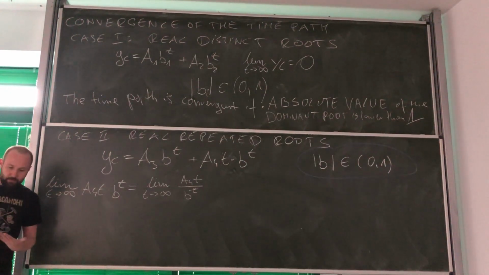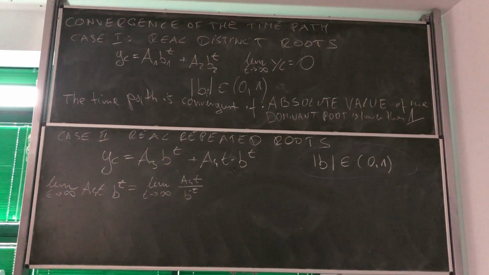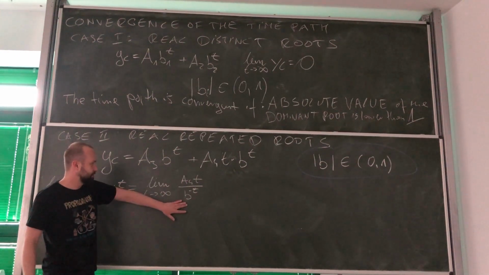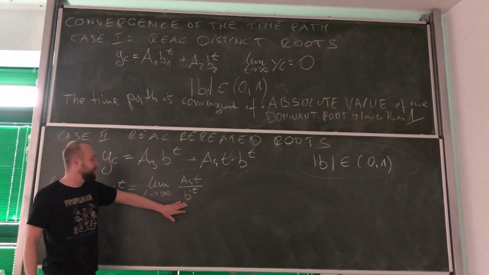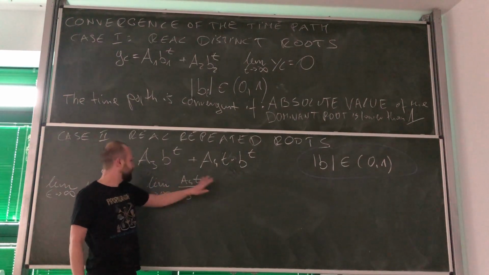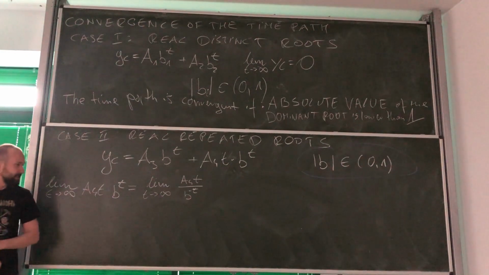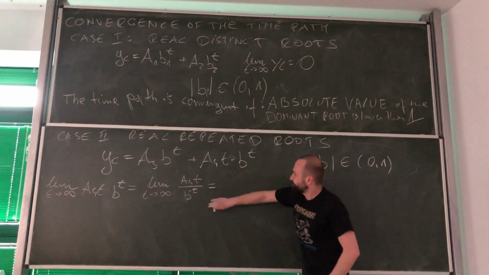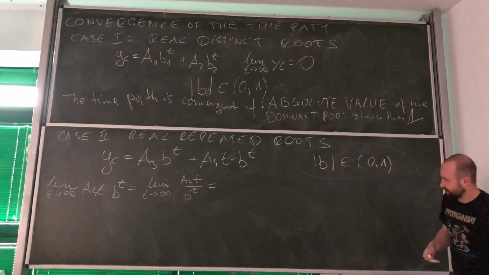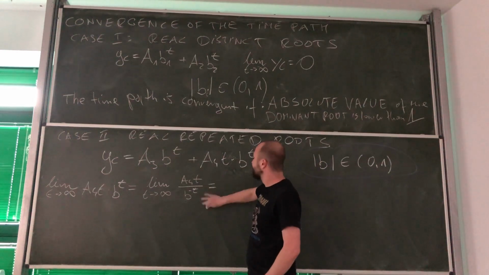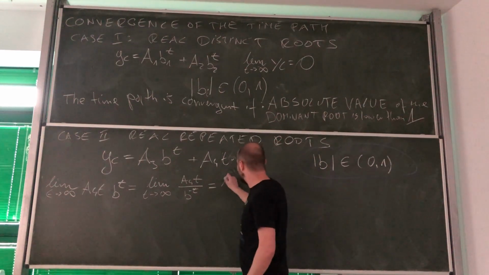The rule here is very simple: the limit of a quotient is equal to the limit of the quotient of derivatives. So I can simply calculate the derivatives of both of these expressions with respect to time, and calculate just the limit of this.